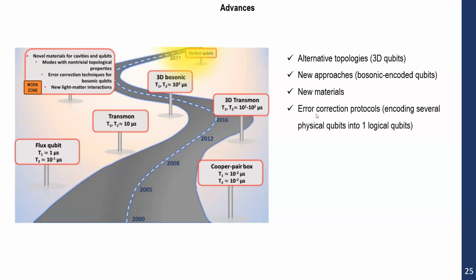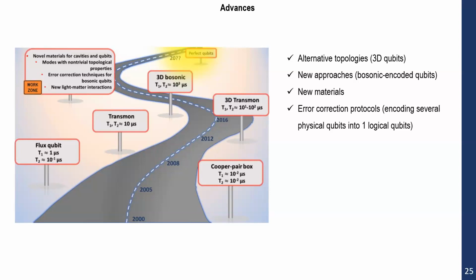And finally, error correction protocols. So what is error correction protocols? So the error correction protocols is simply encoding several physical qubits into one logical qubit.